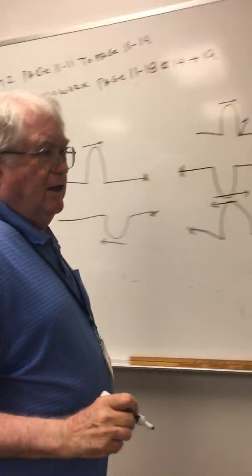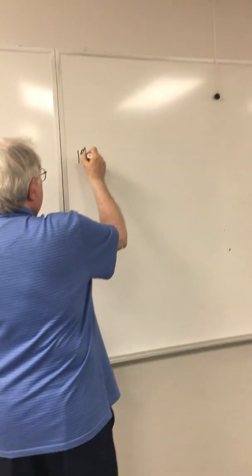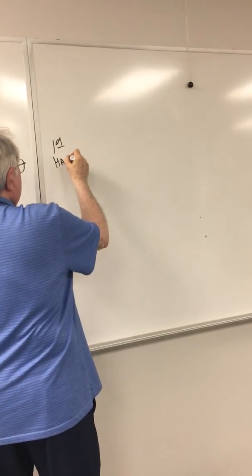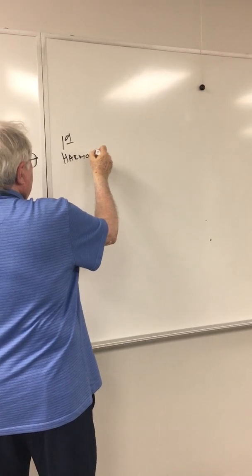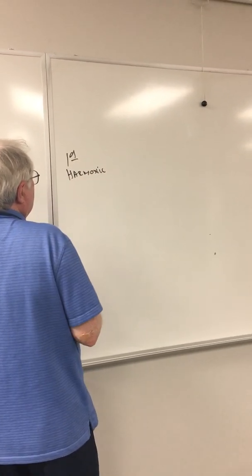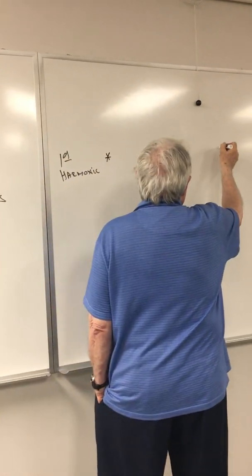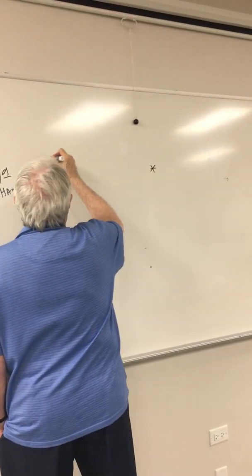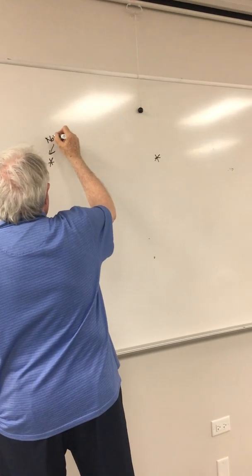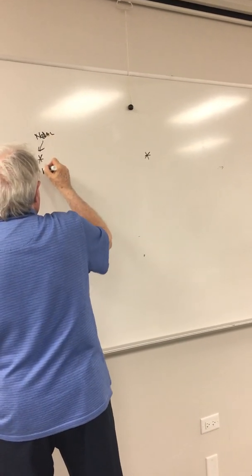This is what happens if you run excessive waves down. This is called the first harmonic. You have a wave and a fixed point at each end, and they call them nodal points. That's an N for nodal.